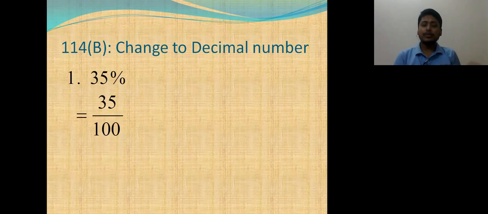If we remove the percentage sign, we get 35 by 100. So 35 by 100 equals, directly we can do division because we know from the right side after two numbers the decimal point will come. But here we can say it directly, so you do not need to show the division.